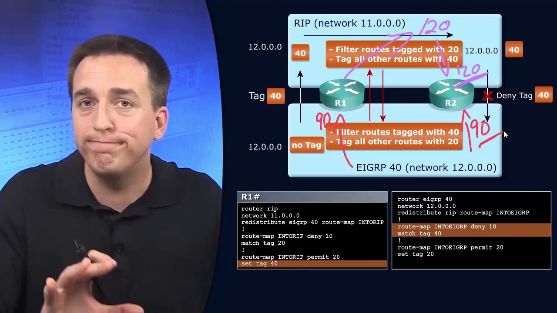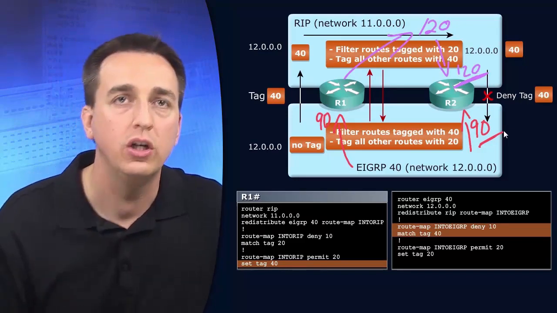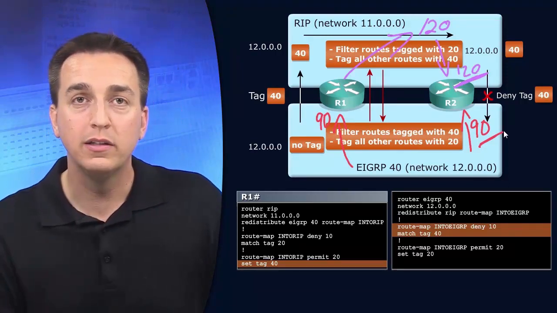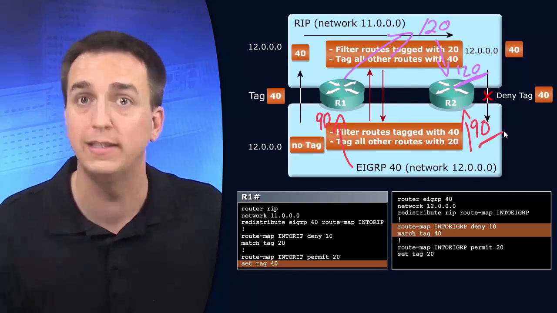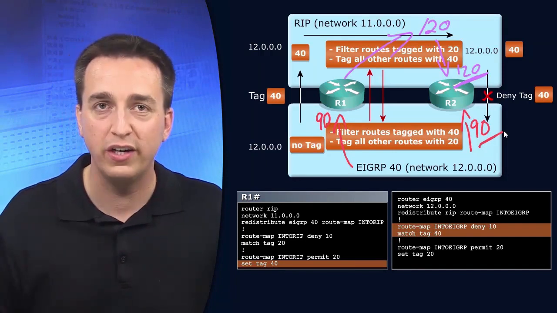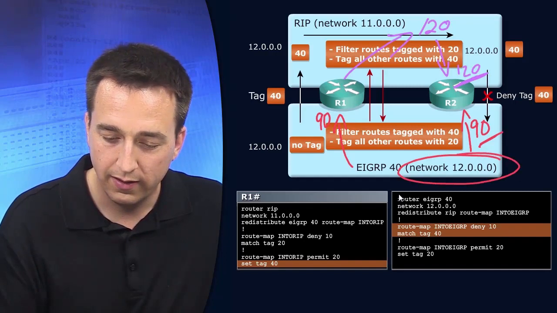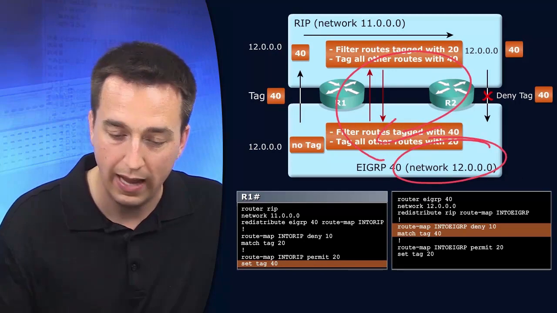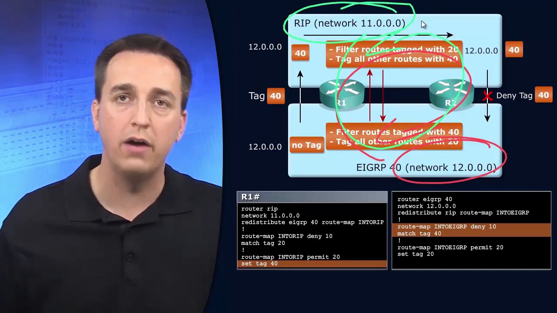But you might end up in a complex routing infrastructure with multiple routing domains, and at some point, because of potential overlap, next thing you know, you end up in a situation where that EIGRP route is coming all the way back around, or that OSPF or RIP network is coming all the way back around.